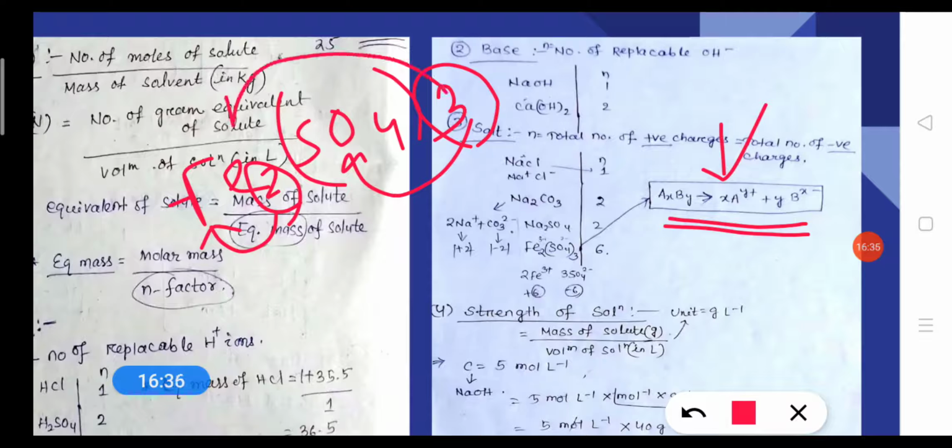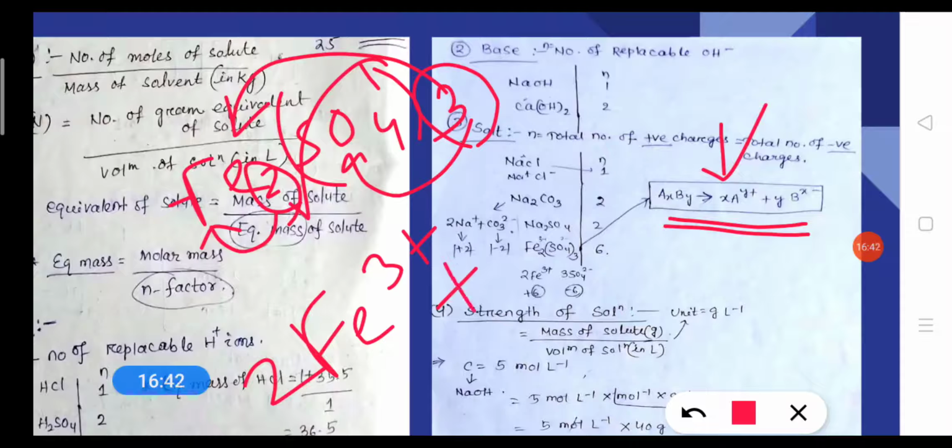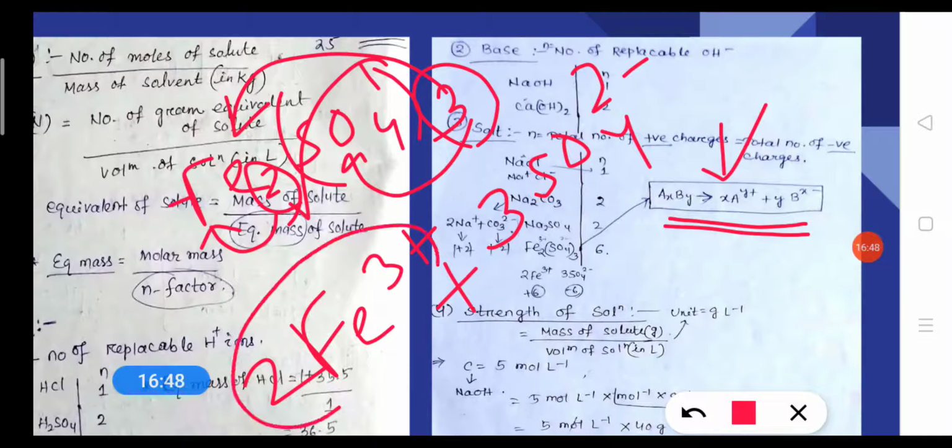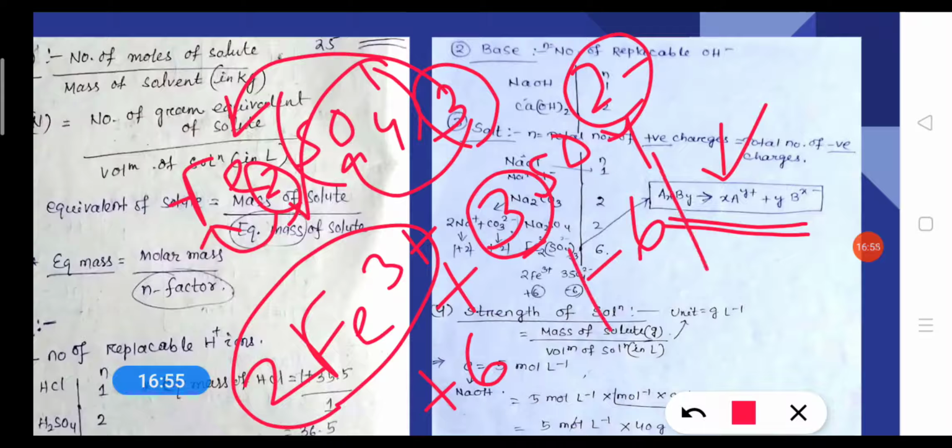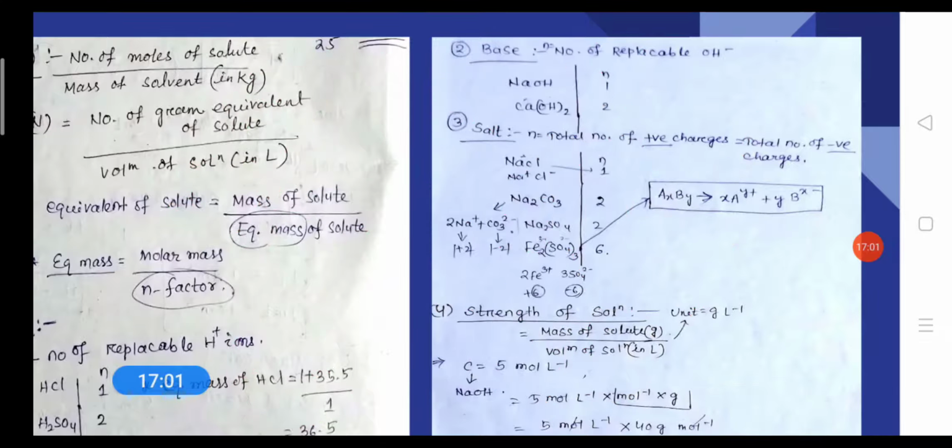Then its charge will be like this: 2 Fe3 plus and 3 SO4 2 minus. Then the total charge is plus 6, 3 into 2, and the total charge is minus 6, and the magnitude would be 6. Then the n factor is 6 in case of Fe2(SO4)3.